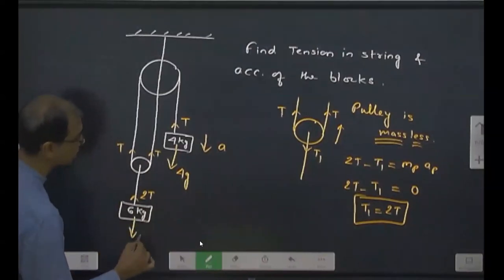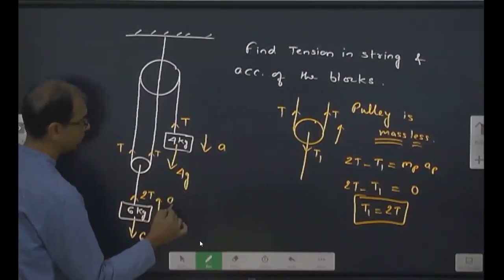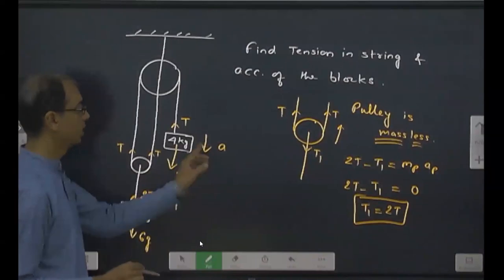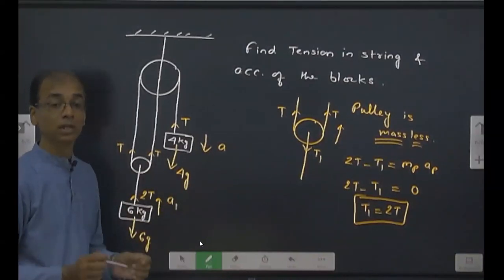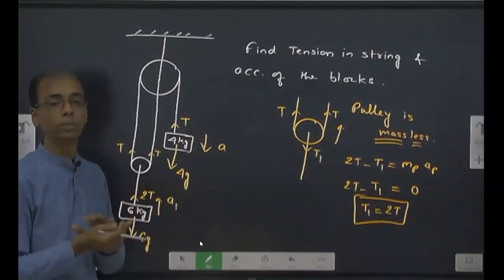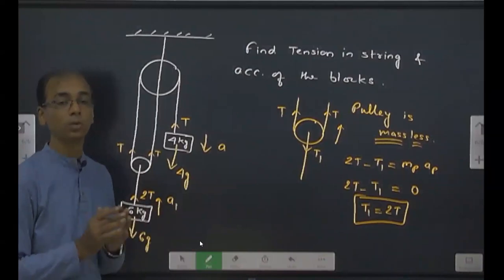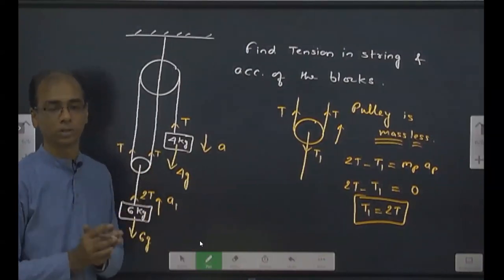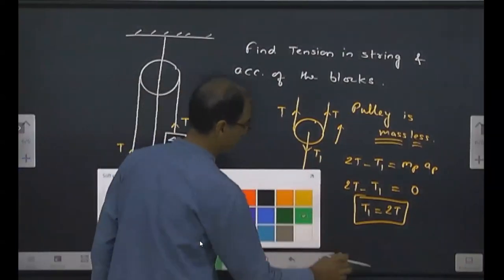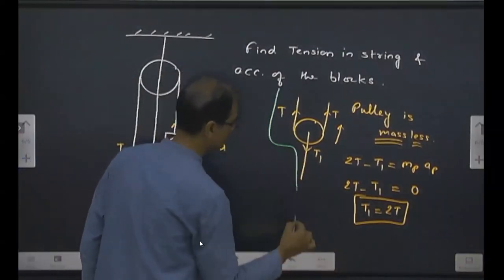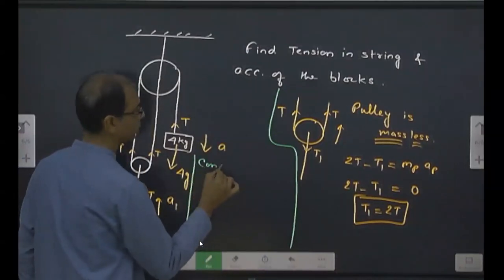You write here 6G, and let it go upwards. There is no problem in that. But here the acceleration and here the acceleration are not the same. When tensions are different, when the tensions involved in moving the blocks are different, then we need to think about constraint equations. Writing here, it's easy, okay? No need to worry that something different is coming. It's very easy.